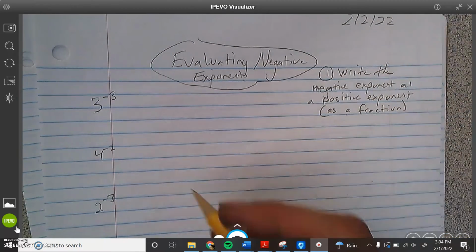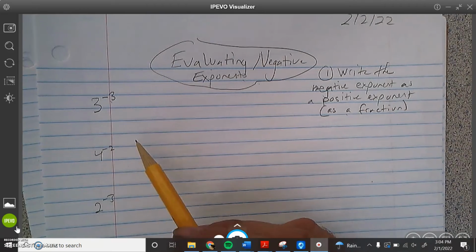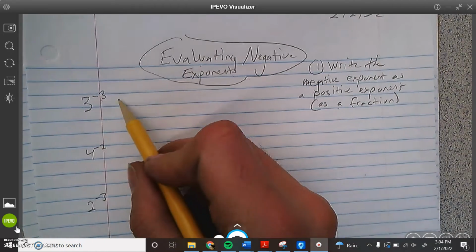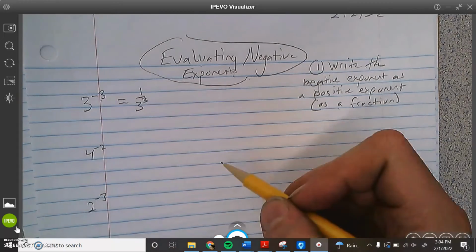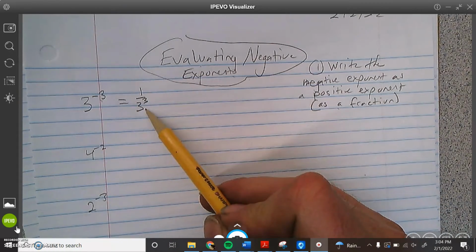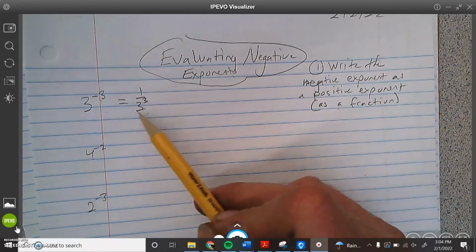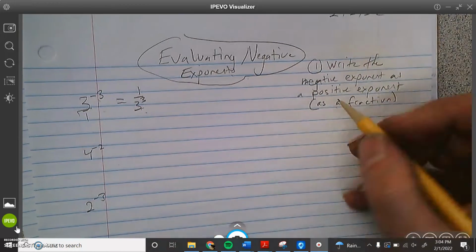Boom. So for 3 to the negative 3, I would write this as 1 over 3 to the third. Now it's a positive exponent as a fraction, as the denominator rather than the numerator.